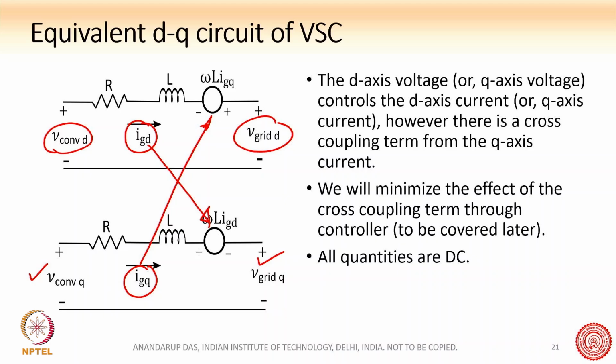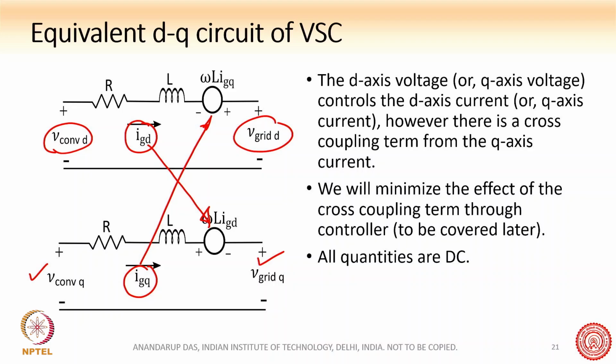The cross coupling effect is because of the q axis current creating a voltage on the d axis and the d axis current creating a voltage in the q axis circuit. This cross coupling effect actually slows down the system response if we don't take care of it.